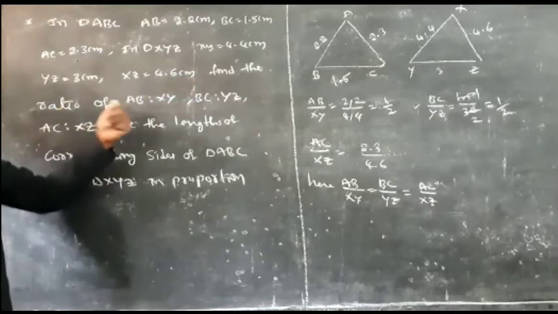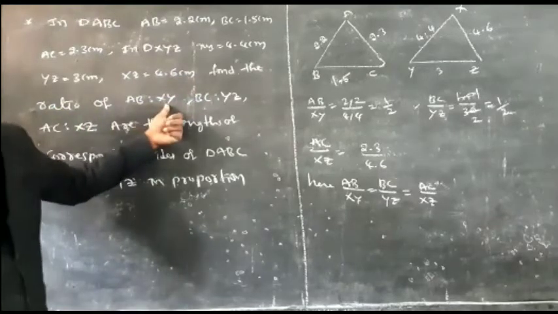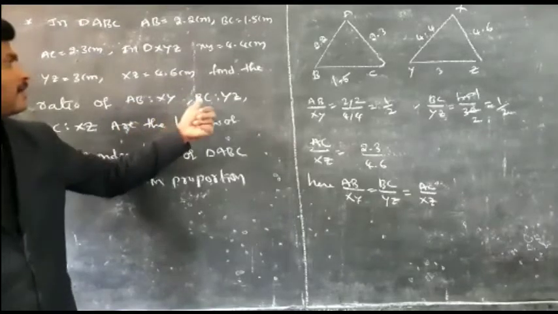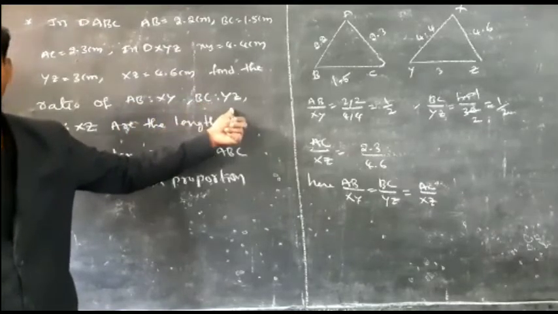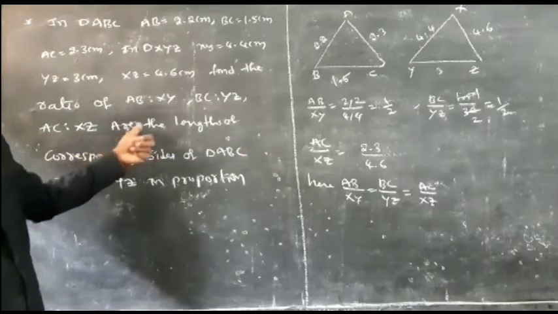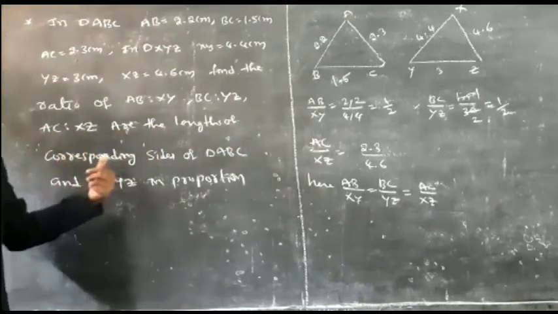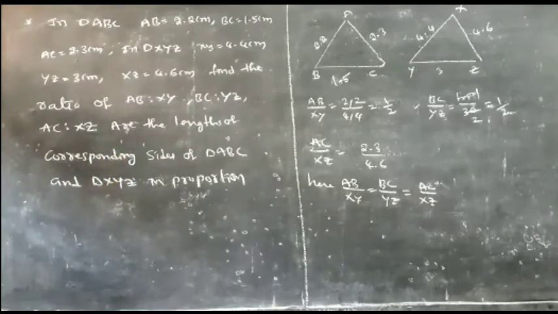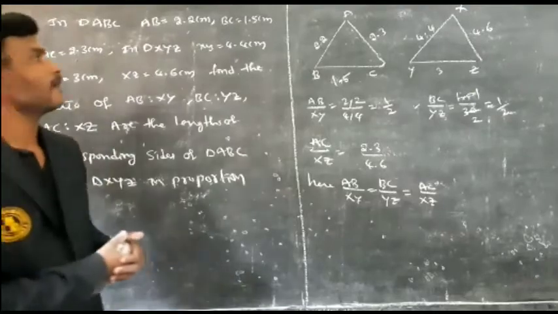Find the ratio of AB to XY, then BC to YZ, then AC to XZ, of the lengths of corresponding sides of triangle ABC and triangle XYZ. Say whether they are in proportion.